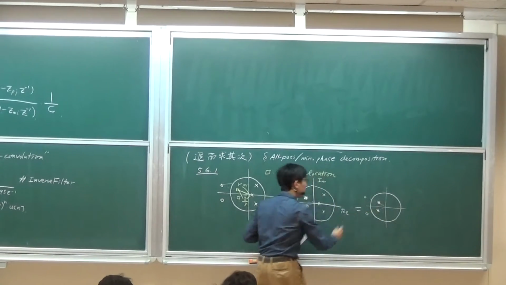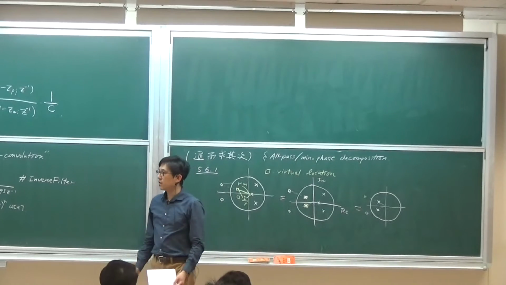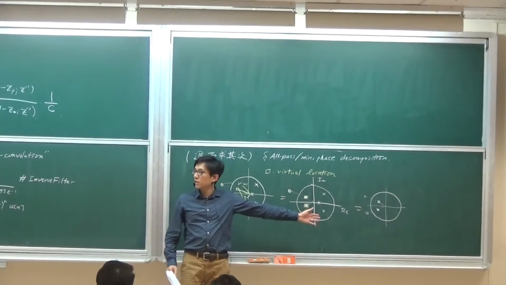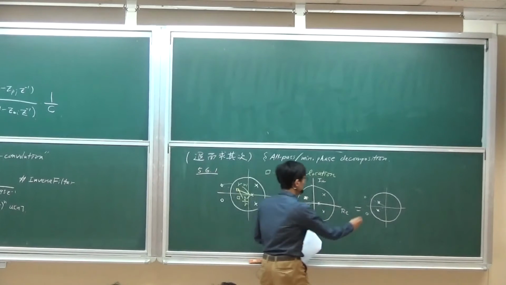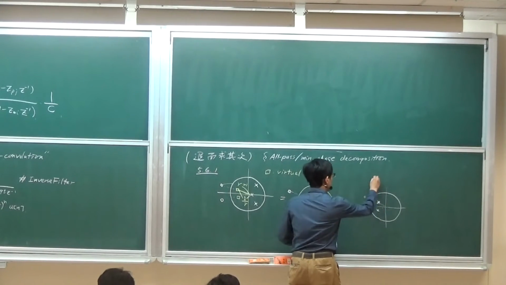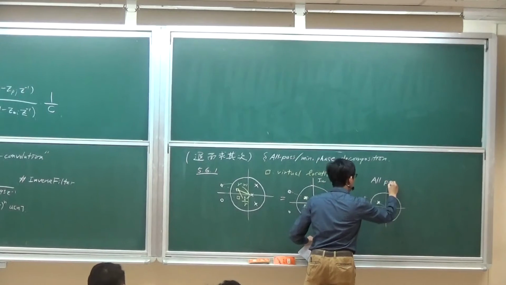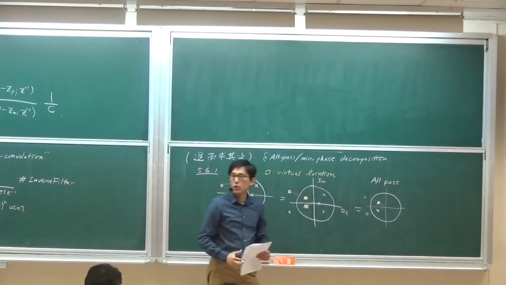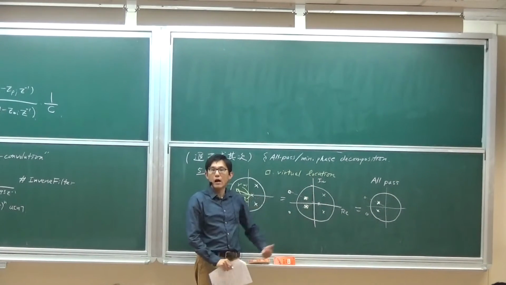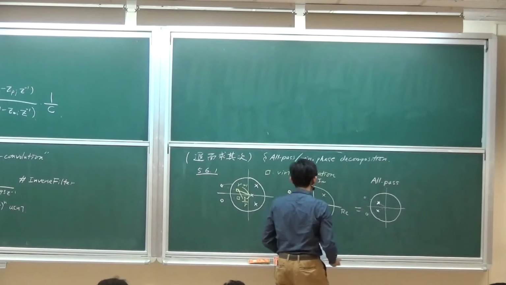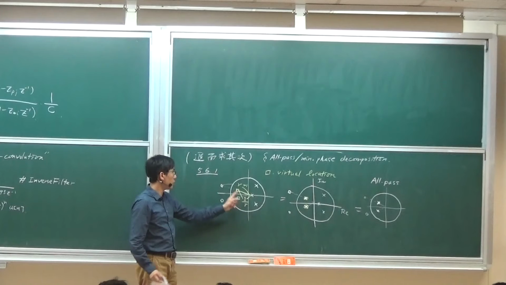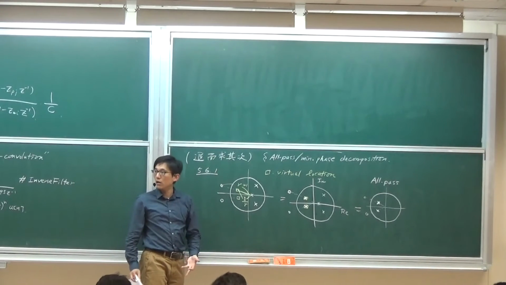The poles are happily inside, the zeros outside are fine. This is already an all-pass system, because we have assigned the virtual pole to team up with the outside zeros. And this is by definition an all-pass, because the locations are R and 1 over R.